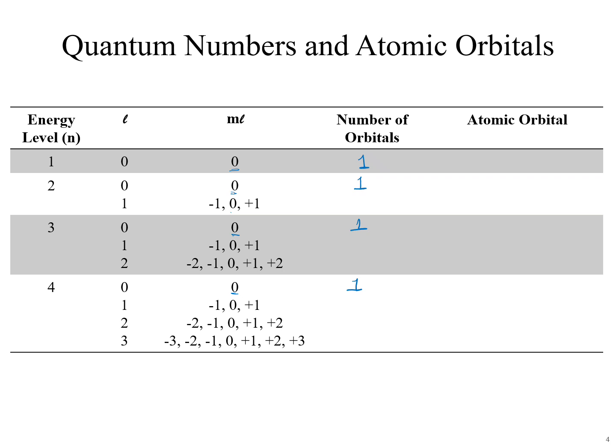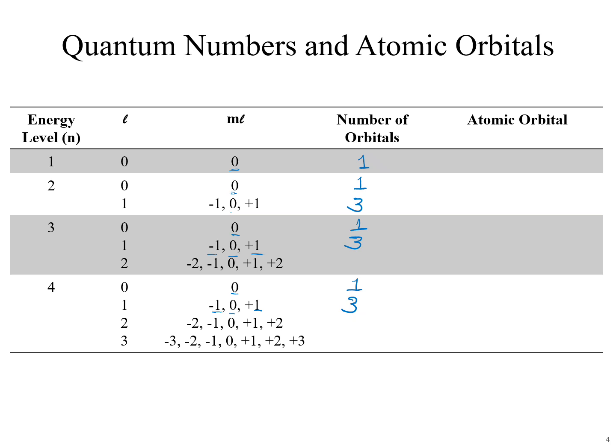When we look at L equals 1, you have 3 possible values, -1, 0, and +1. 3 possible values means that you have 3 orbitals. Anywhere on the table where you have 3 possible values, the number of orbitals is equal to 3. On the third energy level, we have 3 possible values of L, 0, 1, and 2.